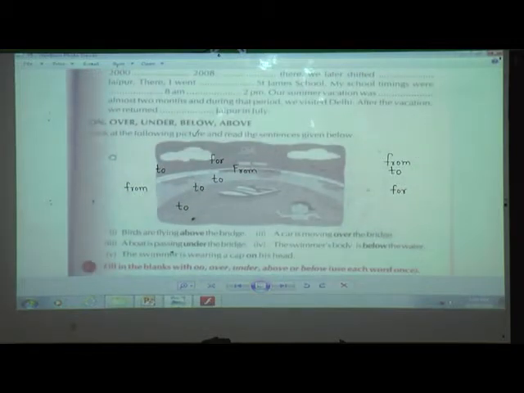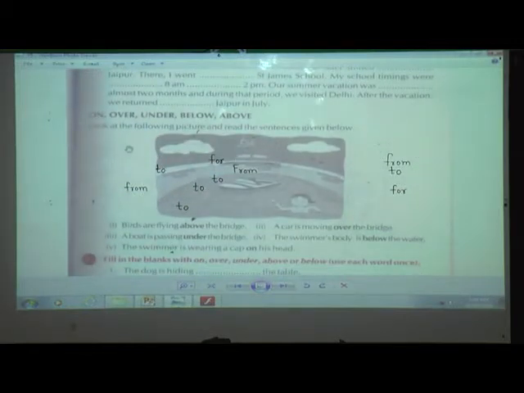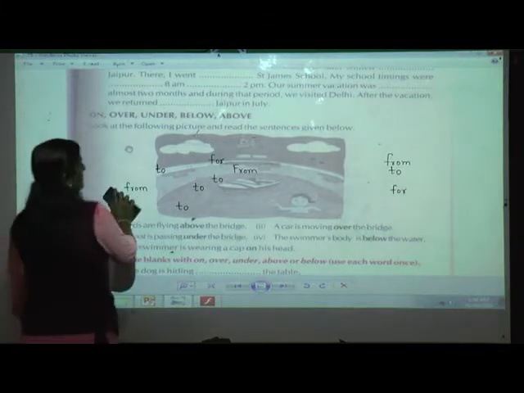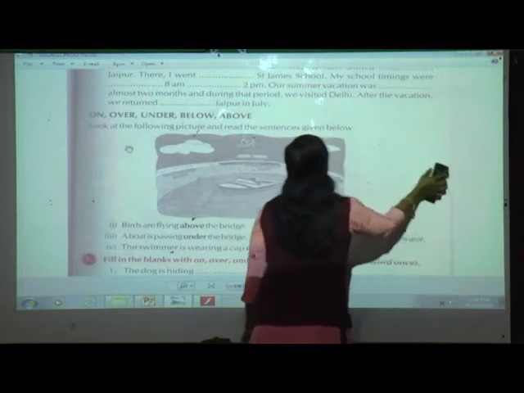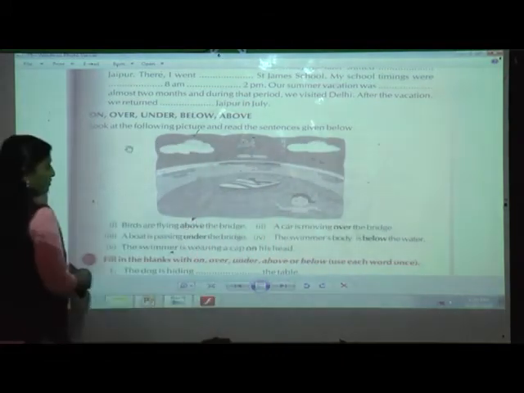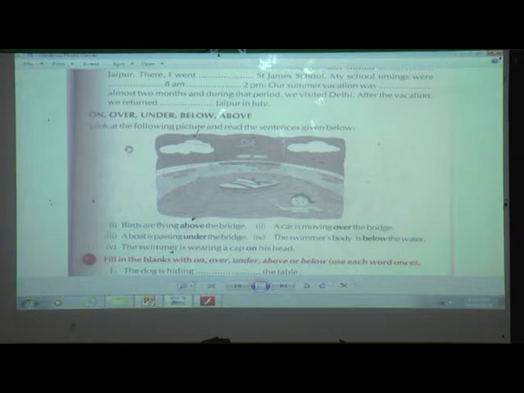Okay, so the next prepositions are on, over, under, above and below. Now we will see how these prepositions have been used. Again I will repeat: on, over, under, below and above. How many are there? Five.